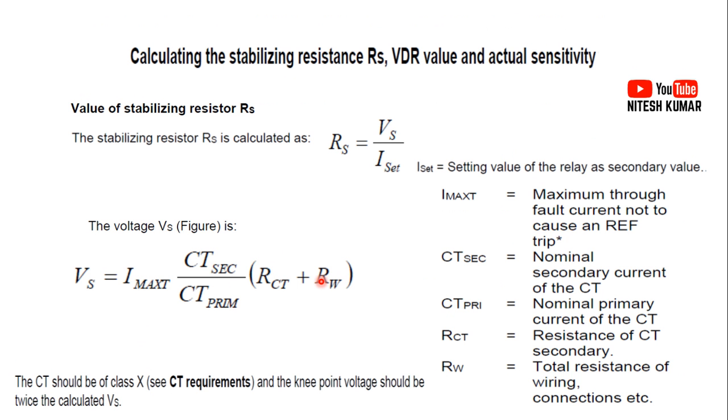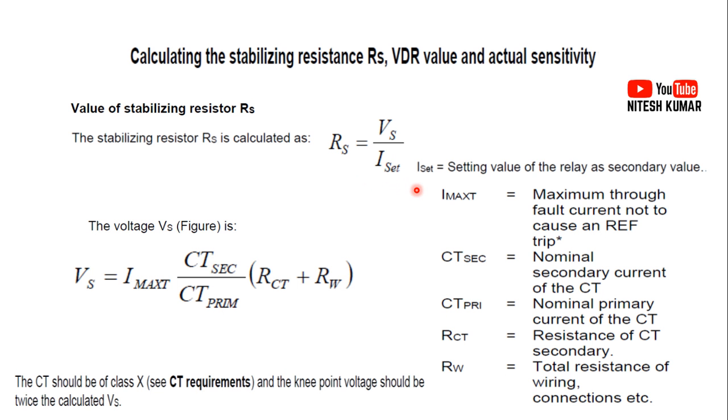Then using the simple Ohm's law, the RS, that means the stabilizing resistor, is equal to Vs, in the sense the secondary voltage developed in case of your inside fault or outside fault, divided by I set, in the sense what is your setting current.